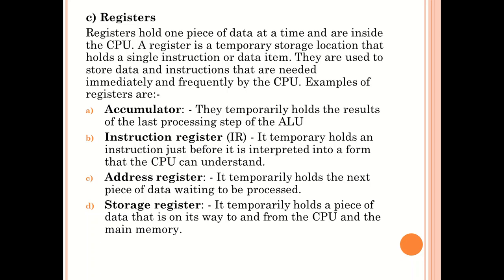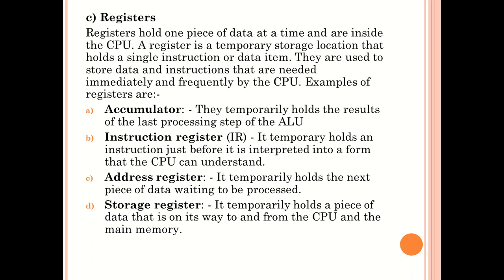Once an instruction comes into the CPU, and the CPU is working on another instruction, the instruction register holds that instruction, awaiting processing. Then the address register temporarily holds the next piece of data waiting to be processed.